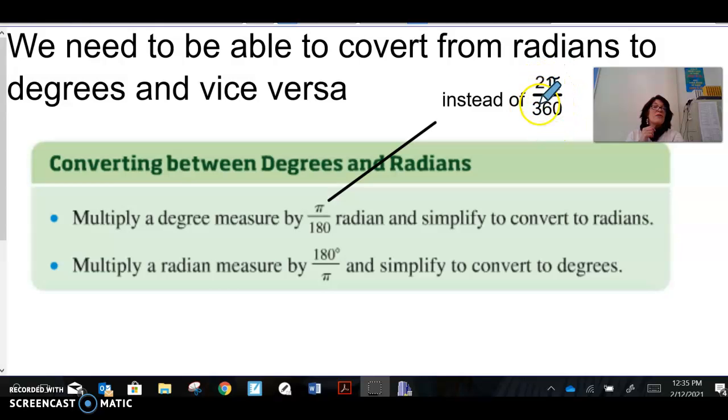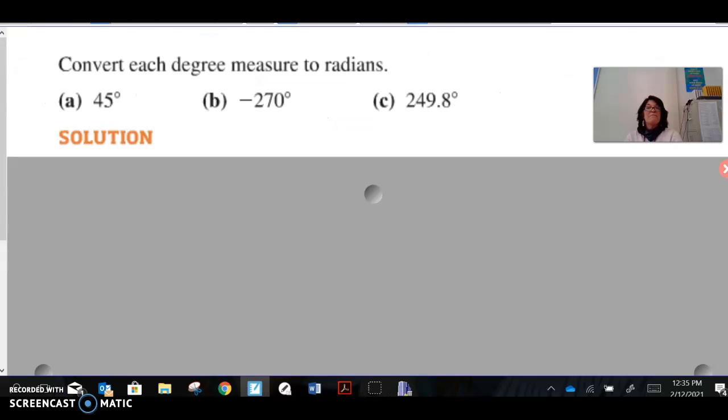But let's make it easier. It's pi over 180. Half of 360 is 180. So anyway, to multiply a degree measure by pi over 180, that'll convert it to radians. Flip it if you have a radian measure and you want to convert it to degrees. Pi over 180, 180 over pi.